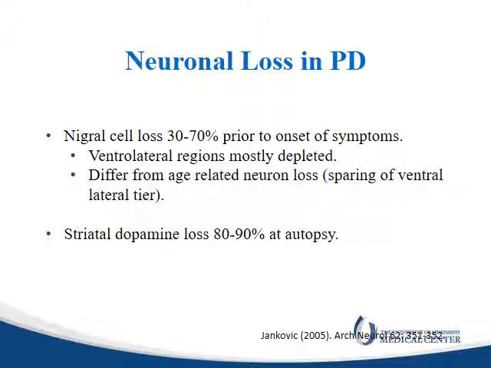Typically, the ventrolateral region of the substantia nigra shows more depletion of dopaminergic neurons, which is different from age-related neuronal loss, which usually spares the ventrolateral tier. The loss of dopaminergic neurons is correlated with striatal dopamine loss of 80 to 90% at autopsy when the patient typically shows symptoms.